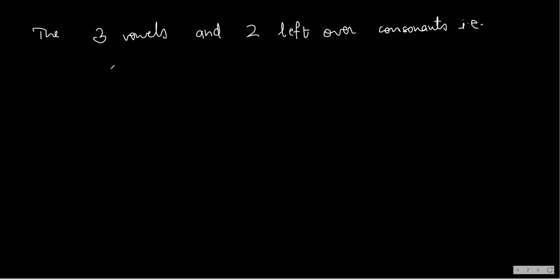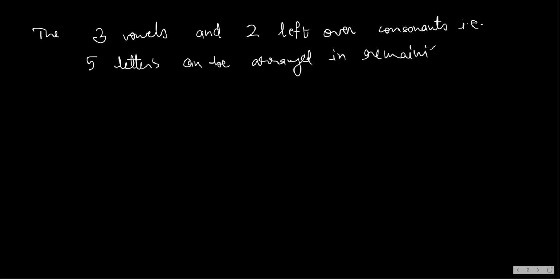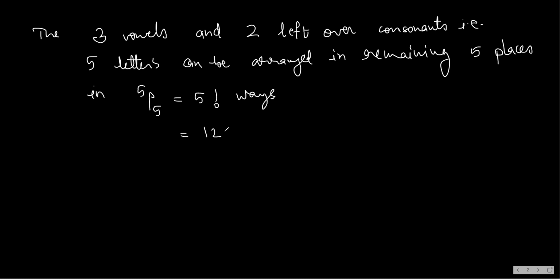That is 5 letters can be arranged in remaining 5 places in 5p5, that is 5 factorial ways.